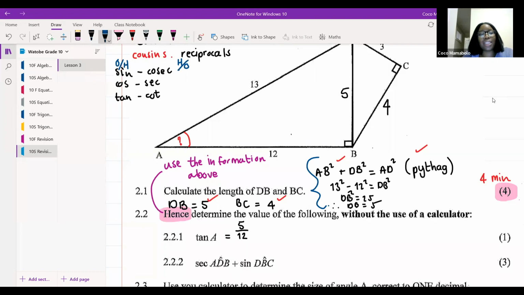And we know cos is adjacent over hypotenuse. That means that sec is going to be hypotenuse over adjacent. Same with tan. If tan is opposite over adjacent, cot is going to be adjacent over opposite.